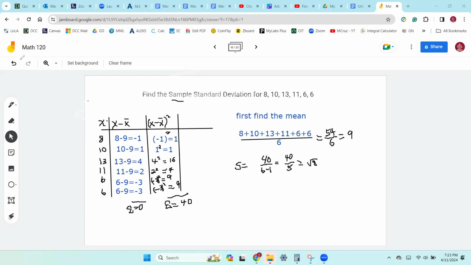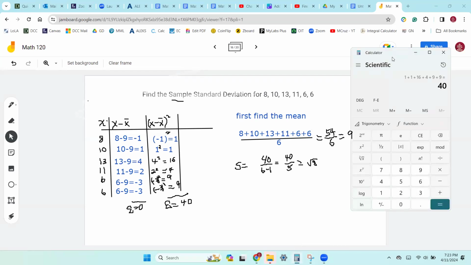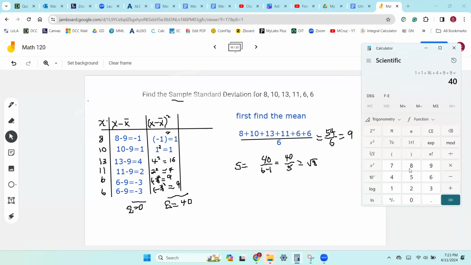And that's something you can approximate on the calculator because they probably ask you to do that. Pay attention to where we rounded off. Let's say we're going to round off to 2 decimal places. So the square root of 8. Where's the square root button? Oh, there it is. So 2.83.